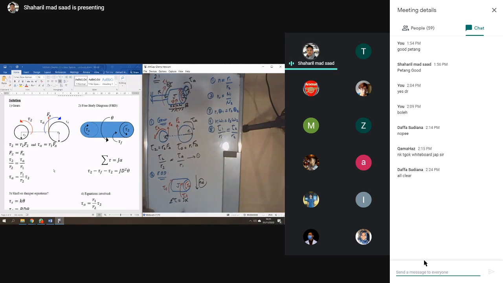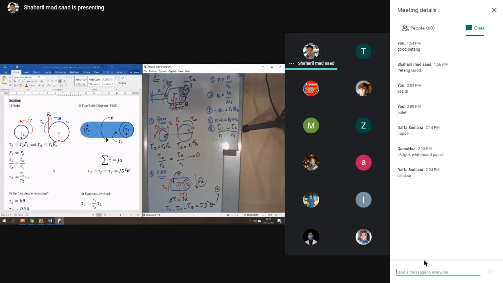So you will have T2 minus TF minus TS equal to J d squared theta, where theta is the angular displacement. This is the second equation.